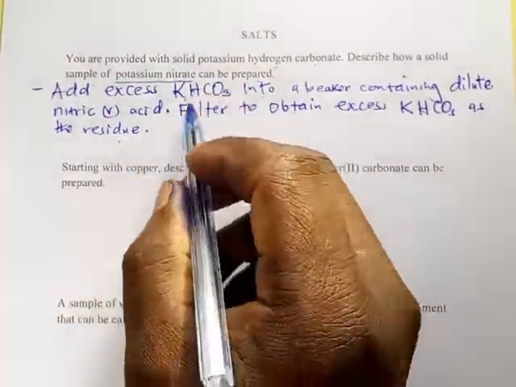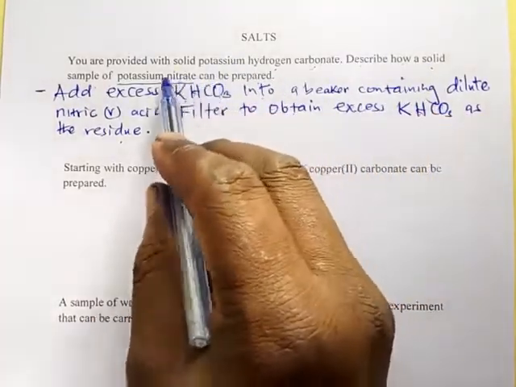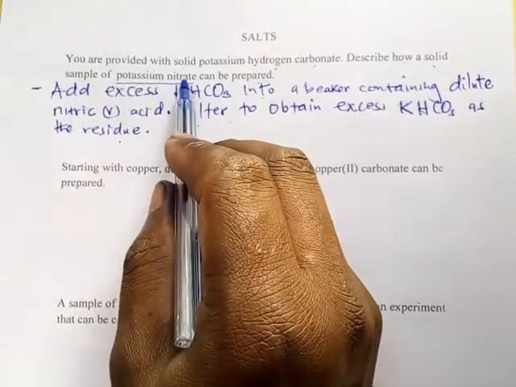and now we want the solid. So we have to evaporate the filtrate, which is potassium nitrate. The filtrate is potassium nitrate, of course.